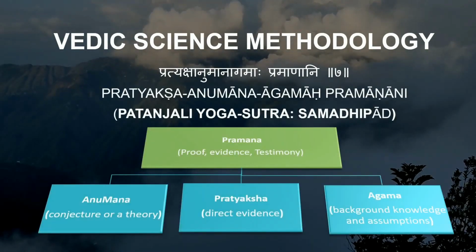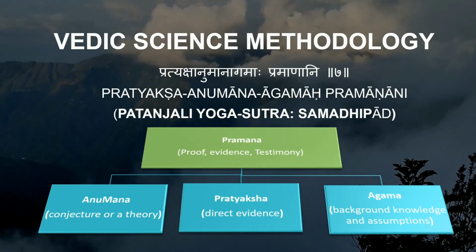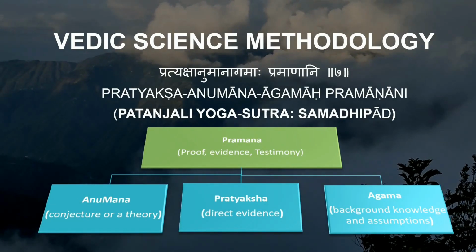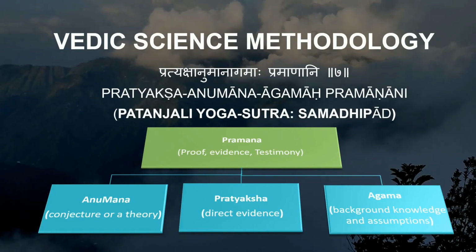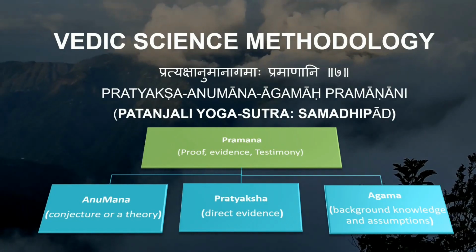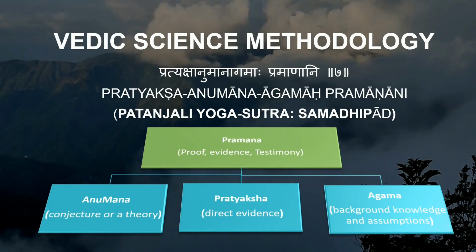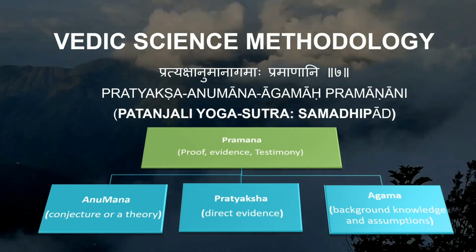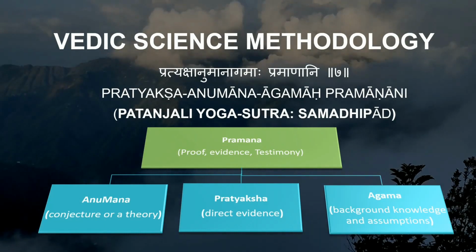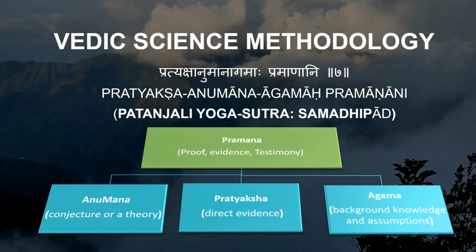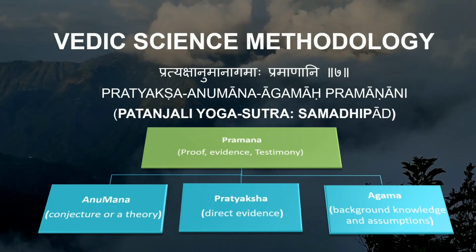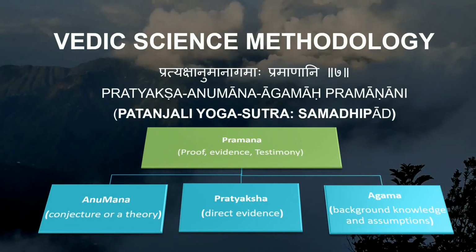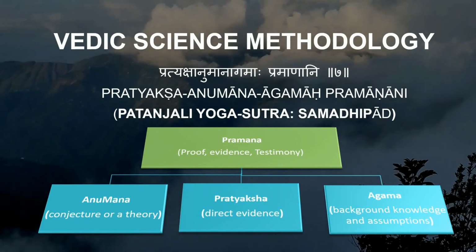We have Anumana, meaning the theory itself; Pratyaksha, meaning direct evidence, or we can say experiments; then Agama, meaning on the basis of that experiment we develop some background knowledge or some assumptions. And if the theory fails, the process is repeated. So we can see it is the same as we described earlier in modern science.